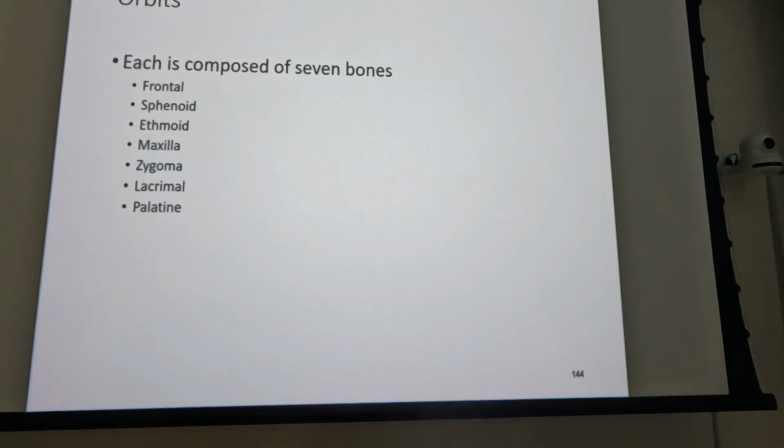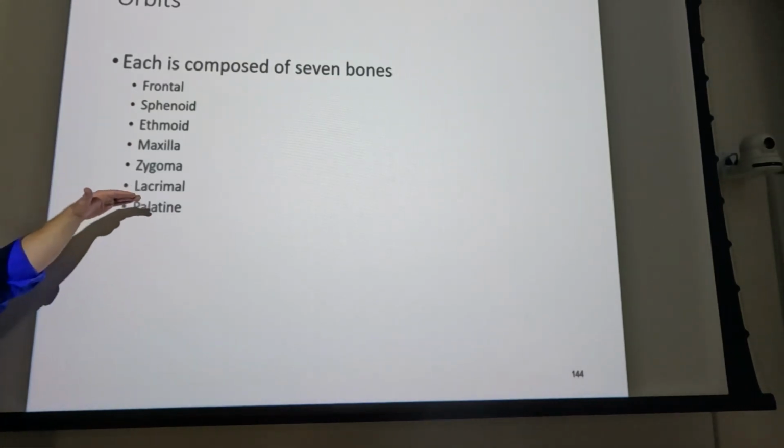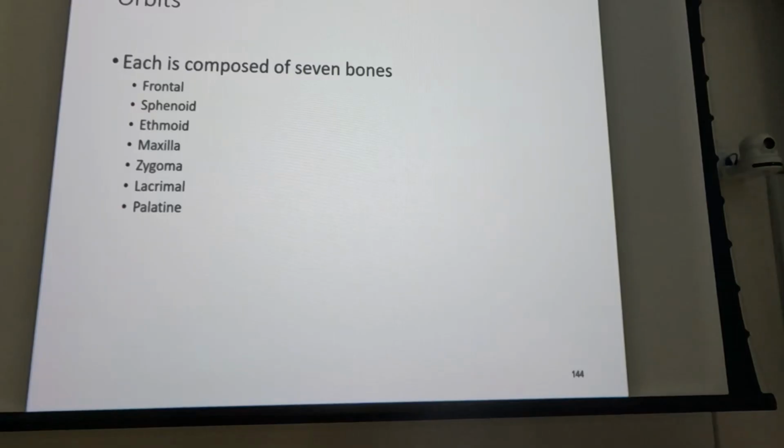And the floor of that orbit, and the top of the maxilla, is kind of thin. If you're looking at some of our real bone acrylic covered skulls, two things that you can look at: one's the lacrimal bone, and one is the top of the maxilla and the floor of the orbit. They're so thin you can almost see through them.